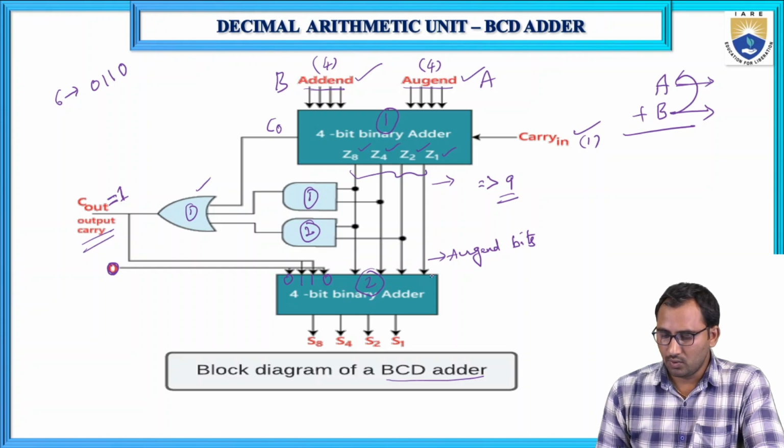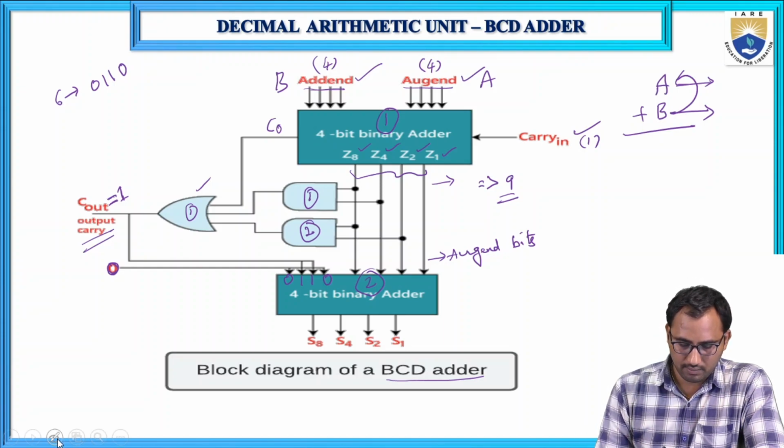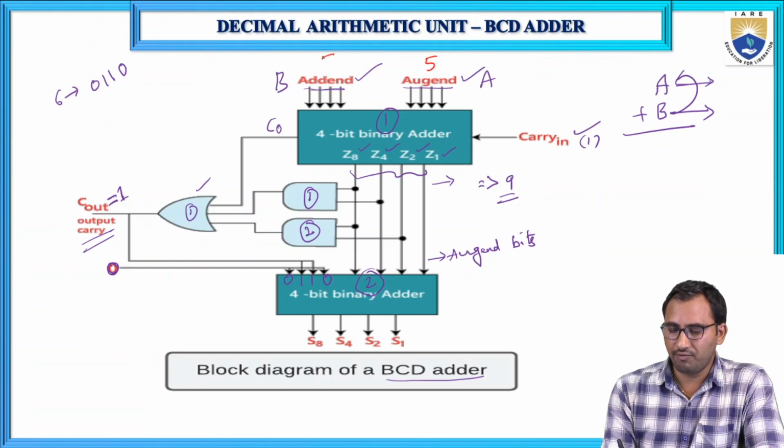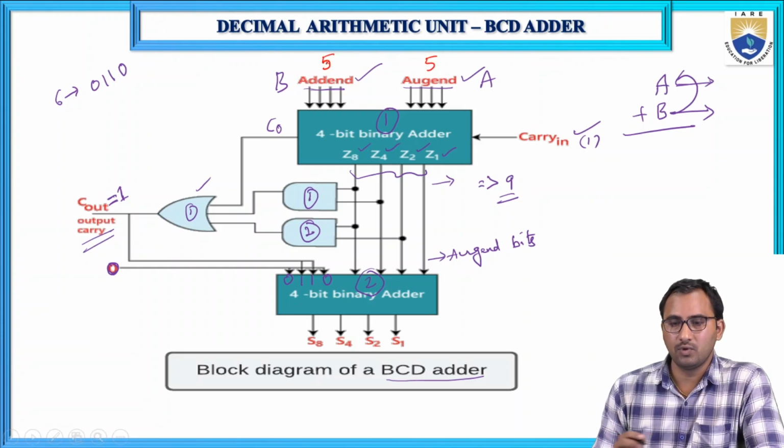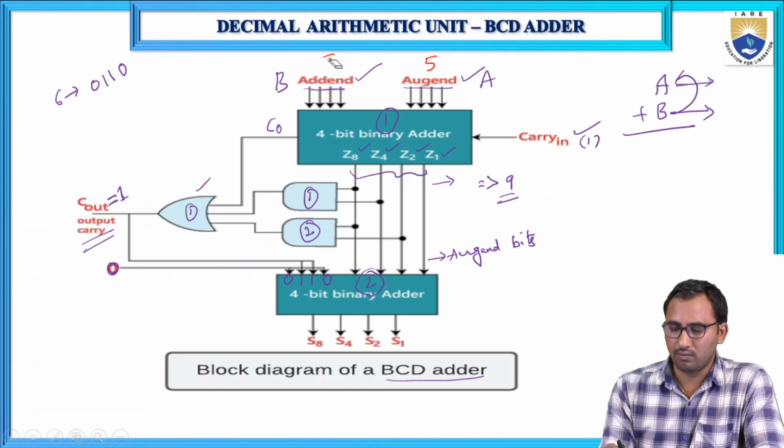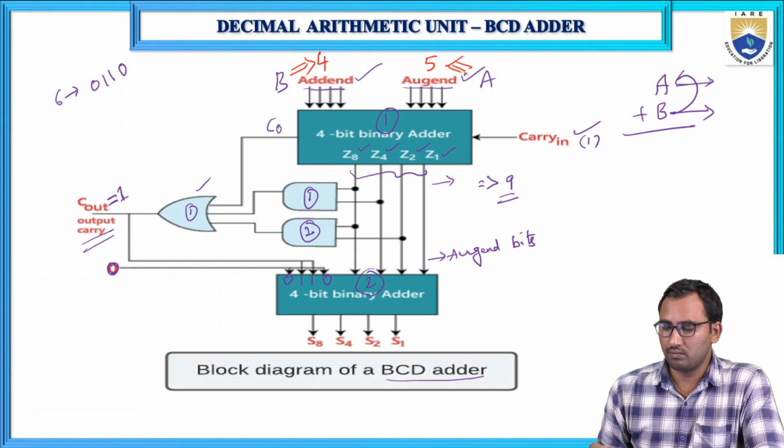Now see here, suppose you consider a number 5 plus 4, where B is equal to 4 and A is equal to 5. What will you get from 5 plus 4? 9.